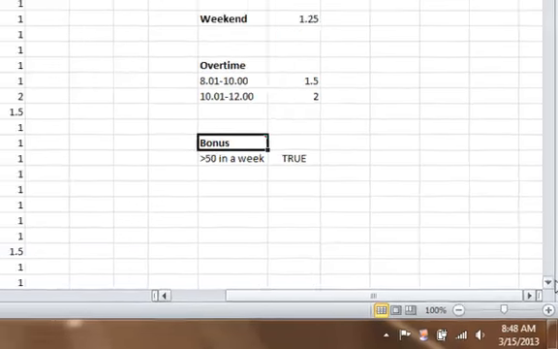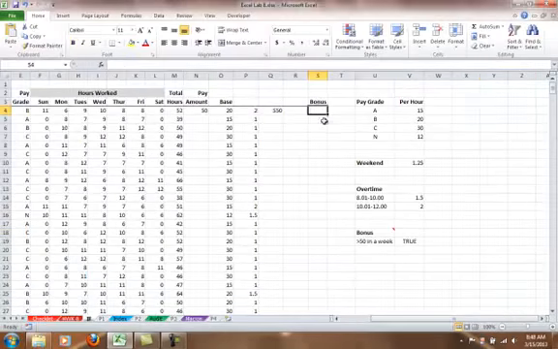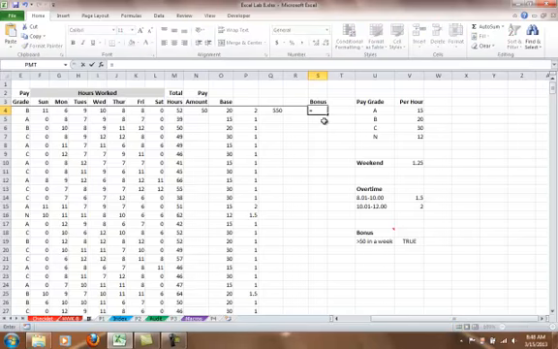So in here, we could do something like equals IF hours is greater than 50, comma. If that's true, then we want to check to see if you're eligible for the bonus pool.